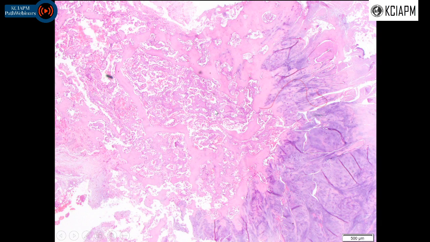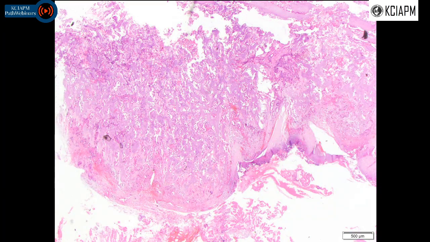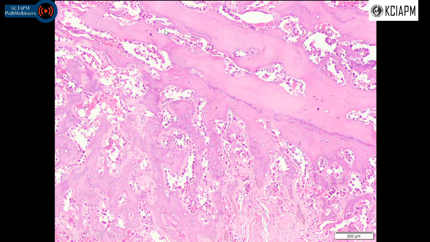And going higher on this biopsy, we see the trabecular bone going towards the center of the lesion. Higher magnification shows that these bony trabeculae are well lined by the so-called probably osteoblasts, and they're very prominently seen.